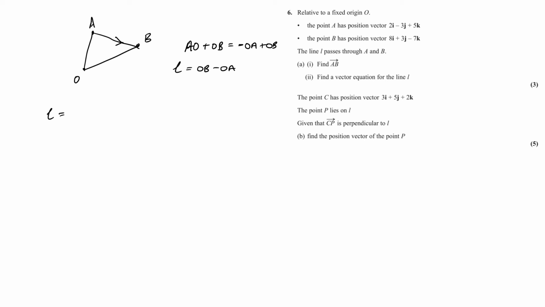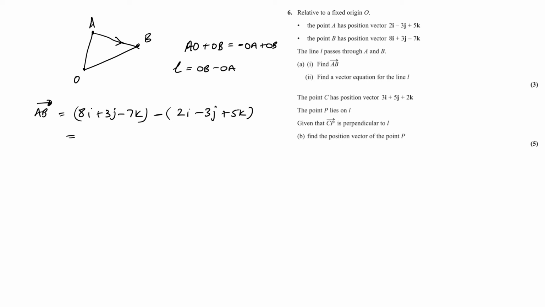So that is the position vector of B, so 8i plus 3j minus 7k, minus the position vector of A, so 2i minus 3j plus 5k. This is going to be not the line, this is going to be AB.